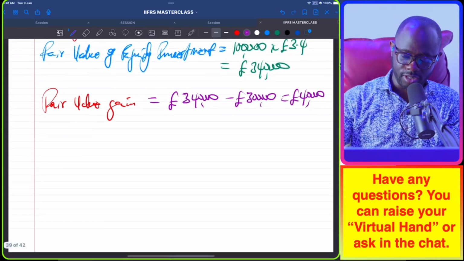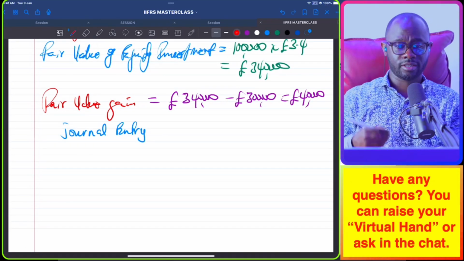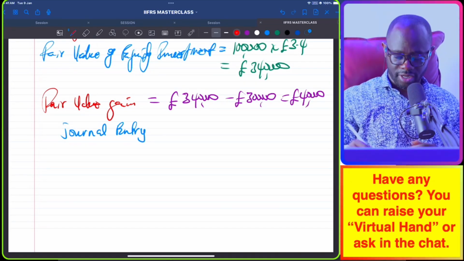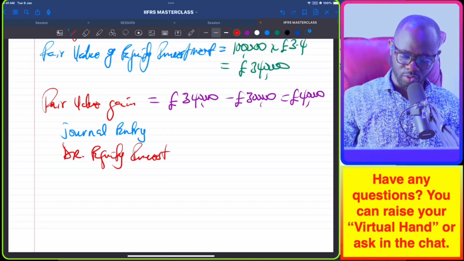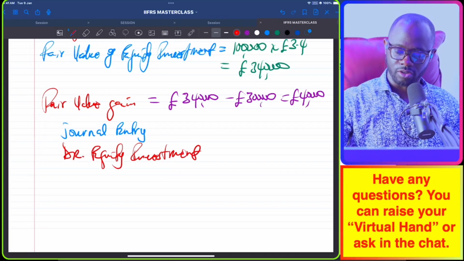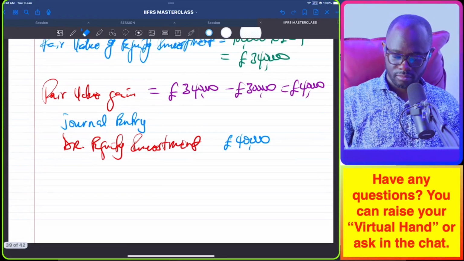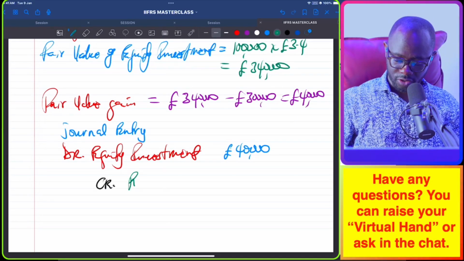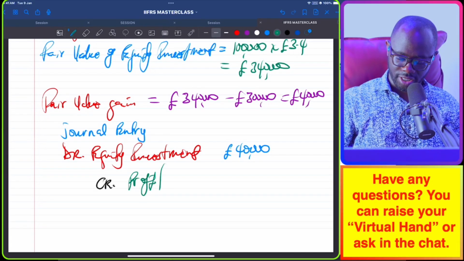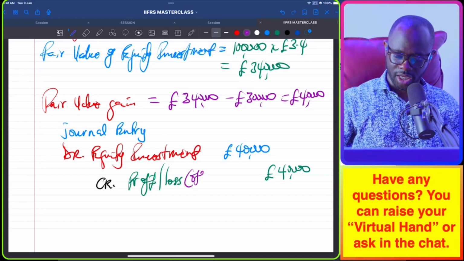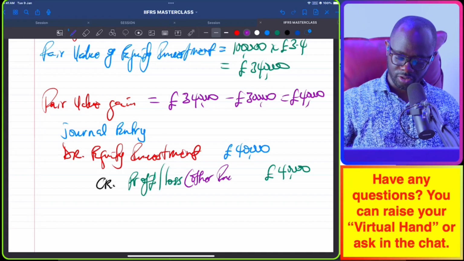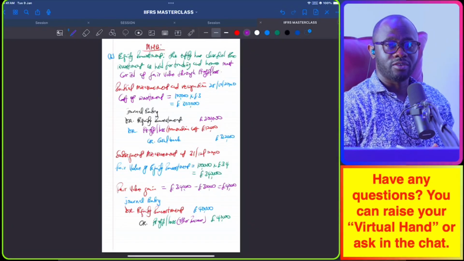So we pass the journal entry on that: debit financial asset or the equity investment with 40,000 because it is going up, and then credit profit or loss because it's a gain, 40,000. This could be part of other income in profit or loss. That is the answer to the question.